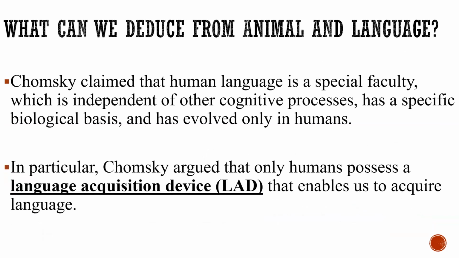So Chomsky claimed that human language is a special faculty which is independent of other cognitive processes, has a specific biological basis, and has evolved only in humans. That one, yes, I believe.